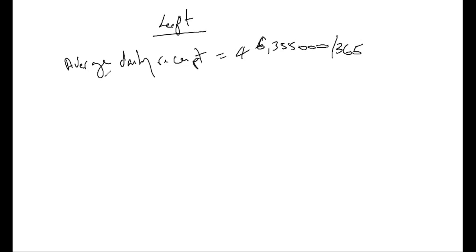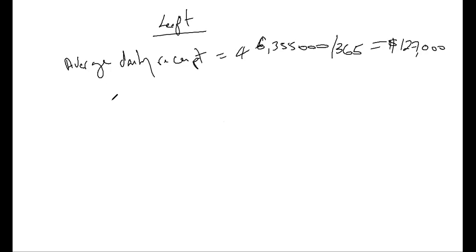So to get the average daily amount, because what we have is the annual amount. What would the average daily amount be? 127,000, right? So if we know the average daily amount, then we can find the amount that's freed up.